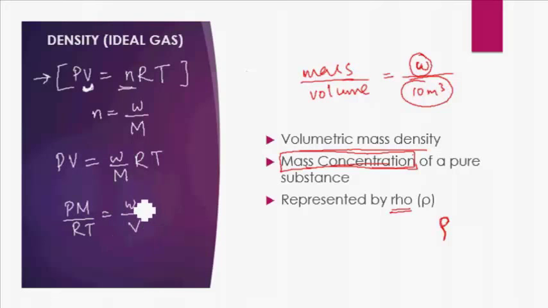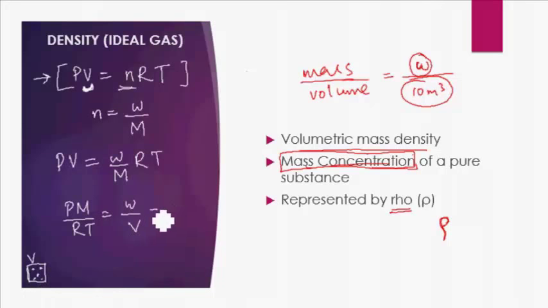Here W is the mass of our ideal gas. Let's say we have a gas inside a container of volume V. So V is the volume of that container, or in other words the volume of our ideal gas itself, the bulk volume, and W is the mass of that ideal gas, present in a fixed quantity inside this container.